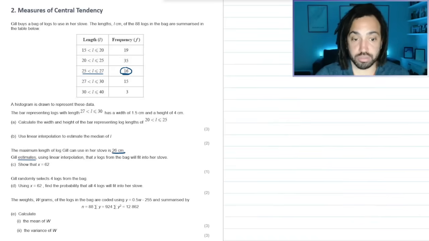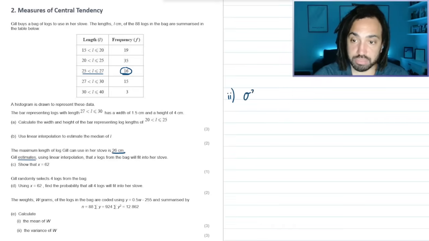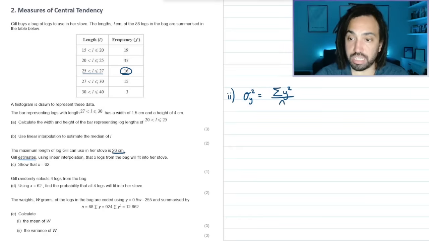Let's do the next part, which is the variance. Okay, so the formula for the variance, I'm going to work out again the variance for the y. So that will be sigma squared y, and that is the sum of the y squareds over the number of terms minus the sum of the y's over the number of terms, squared.